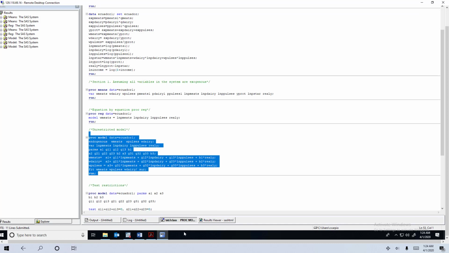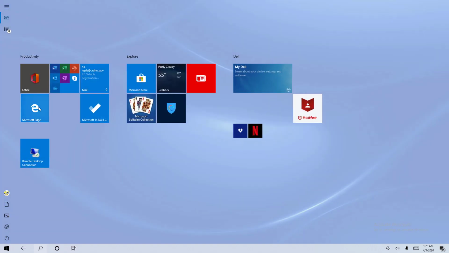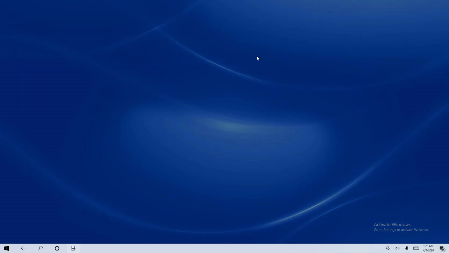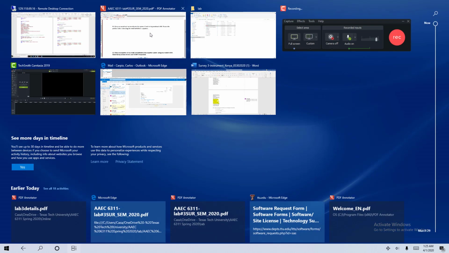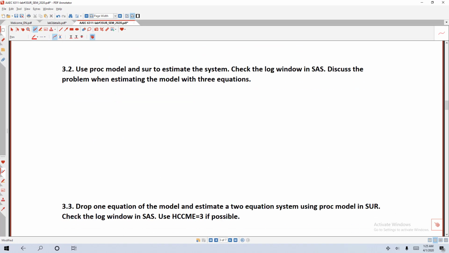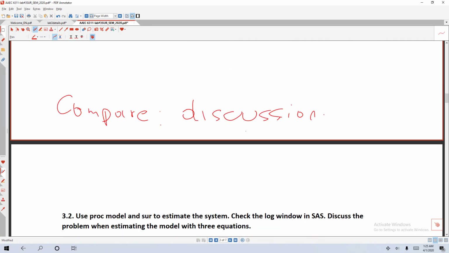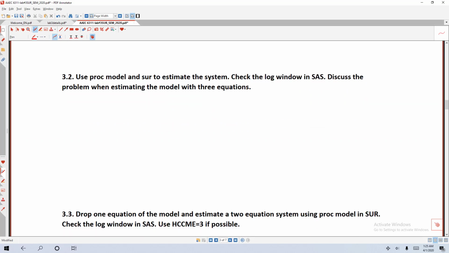Okay, and I don't know if I mentioned that here in the lab. Let me go and open it. So compare using prog model and SUR. So that's what I was telling you. We use OLS. So here you have to try.